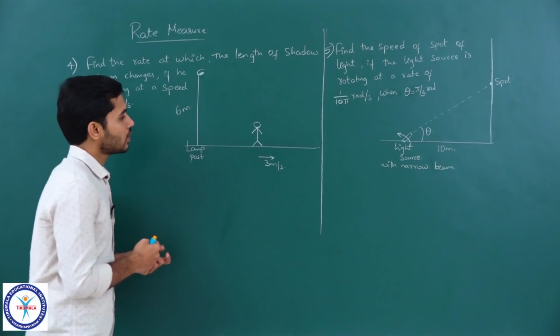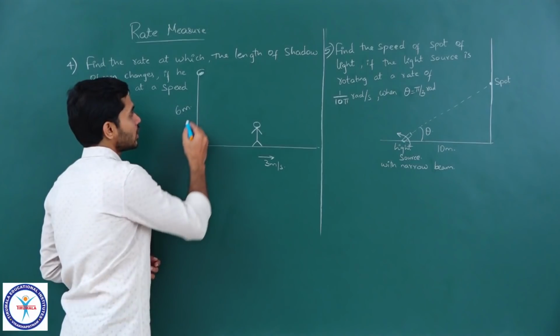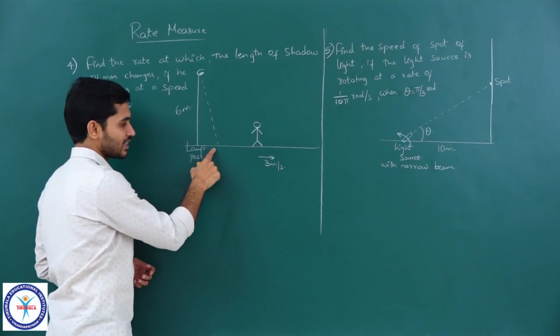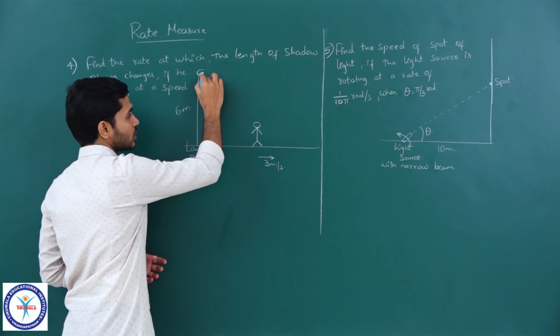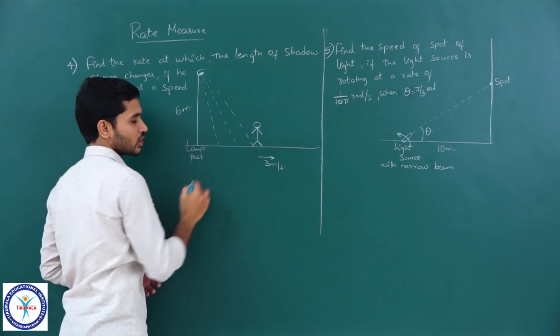Clear? So first let us understand how and where the shadow is formed. The light ray coming from the lamp post will directly reach this part of the road or ground. It will reach different parts of the ground here.